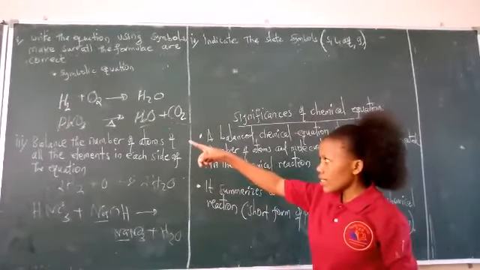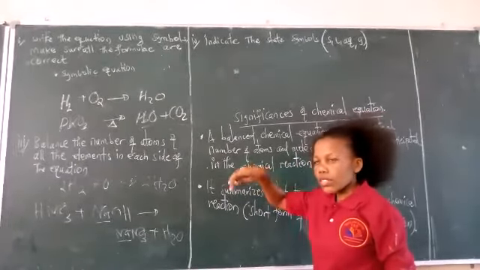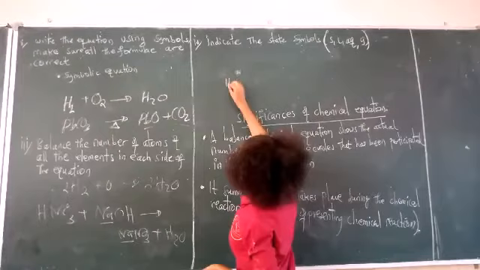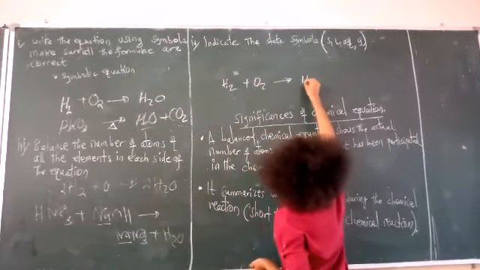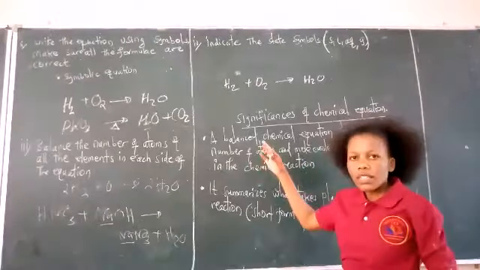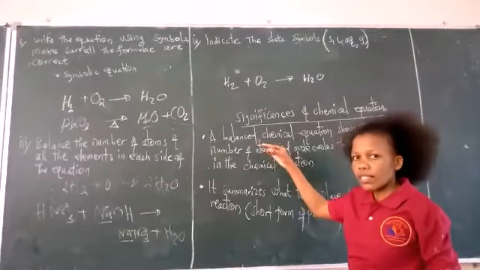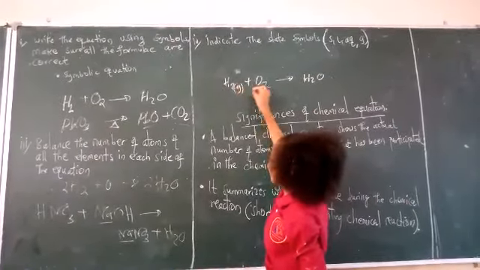Let's indicate state symbols for the reaction between hydrogen and oxygen. Let's take this as an example. Hydrogen gas, this is a gas. So we write small letter g right here.